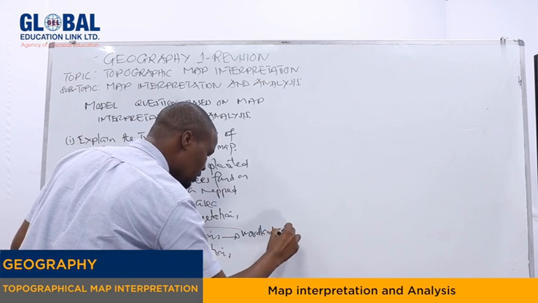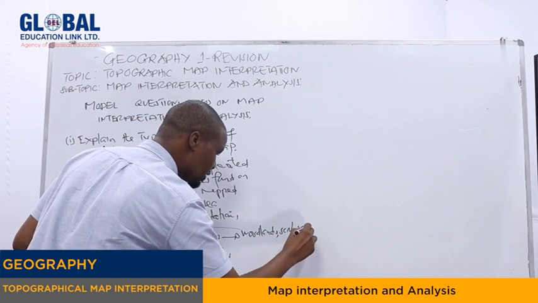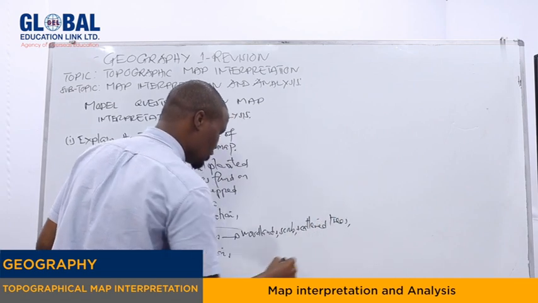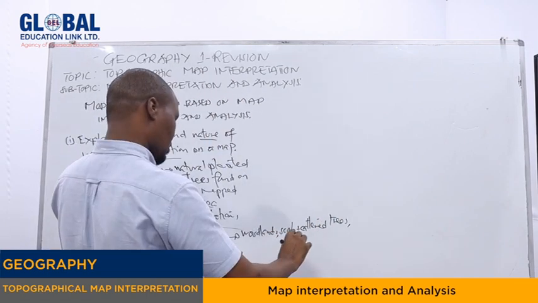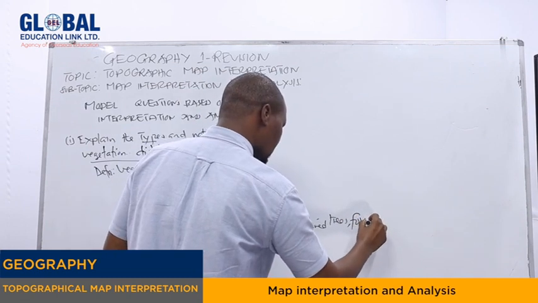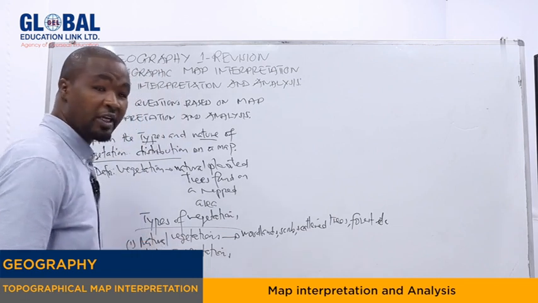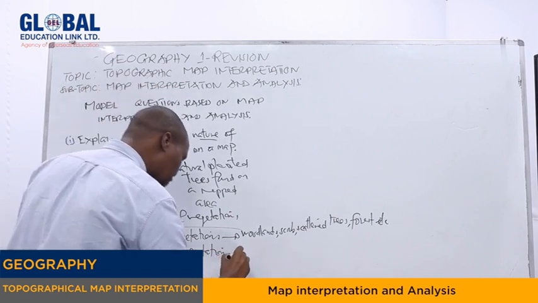You see, the scrubs, the scattered trees, forestry, etc. These are examples of what we call the natural vegetation. Then we have the artificial vegetation.